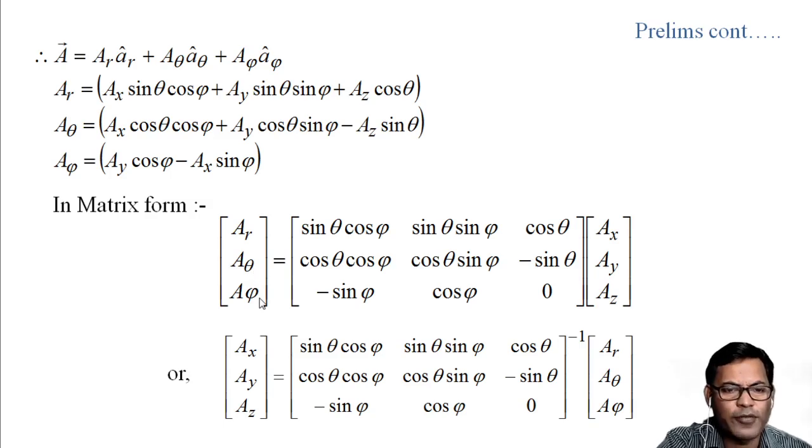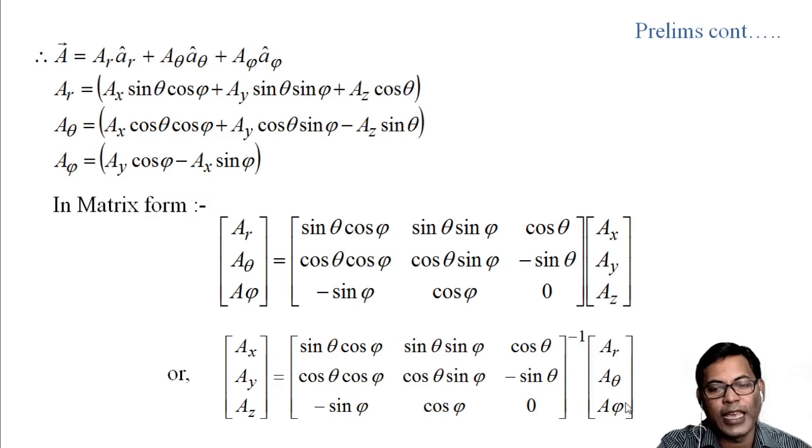Also we have seen how to find the unit vectors from the Cartesian coordinate system to the spherical coordinate system. Multiplying this, we get the vector in the spherical coordinate system if the vector is given in the Cartesian coordinate system, so we can transform the problem to the spherical coordinate system. Similarly, if the problem is given in the spherical coordinate system, we can transform it into the Cartesian coordinate system.